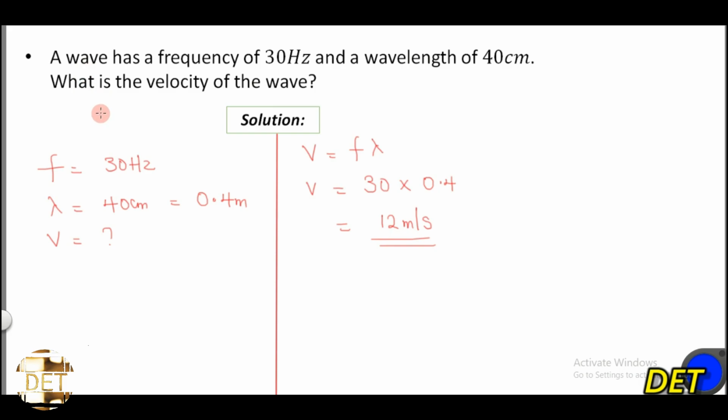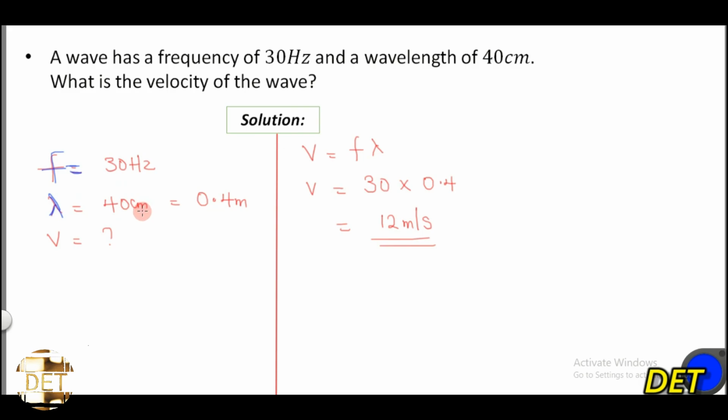So the next question that we have here is this. A wave has a frequency of 30 Hz and a wavelength of 40 centimeters. What is the velocity of the wave? A wave has a frequency of 30 Hz, so that tells us our f, which is the frequency, is equal to 30 Hz, and a wavelength of 40 centimeters. That tells us that the wavelength lambda is equal to 40 centimeters, right?